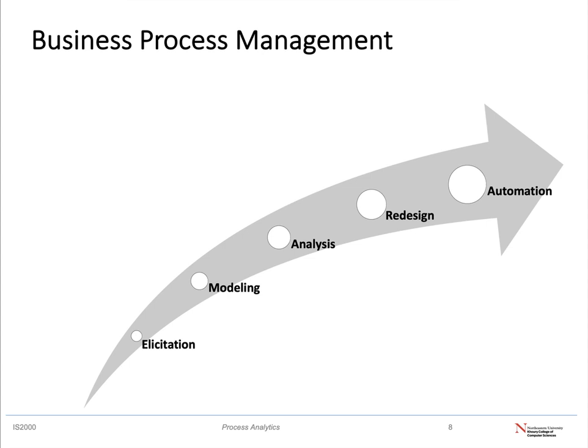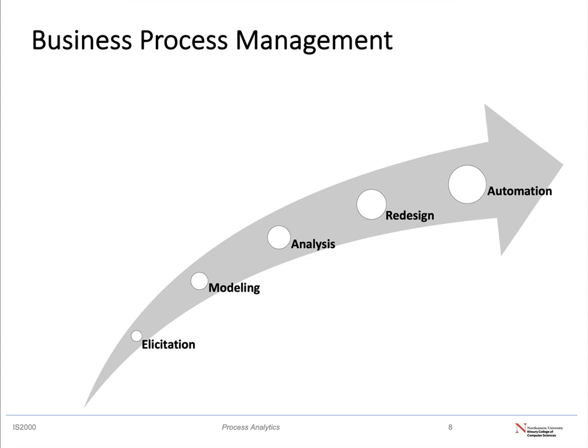Once you're done with elicitation, you model the process. Now, that could mean in the simplest form that you write a process description. You write a narrative. But more likely, you are going to build a flowchart, a visualization of that process. Now, once you have that process model, then you can analyze it.